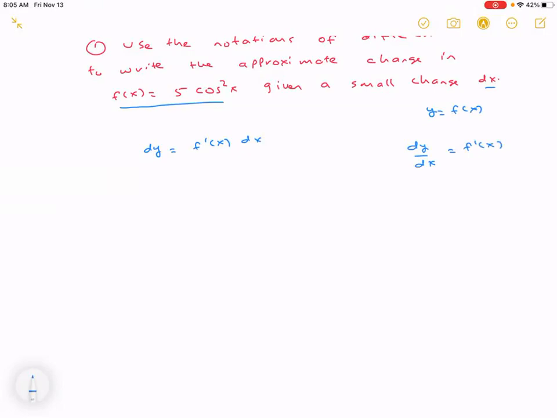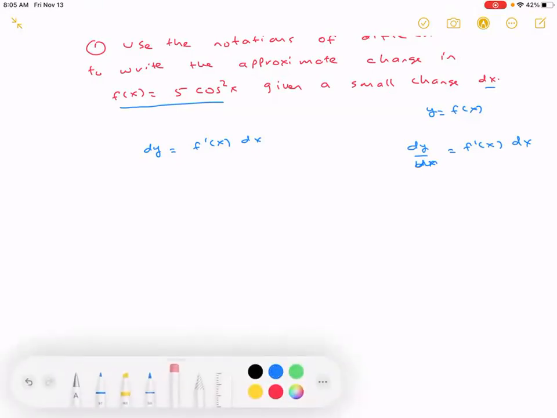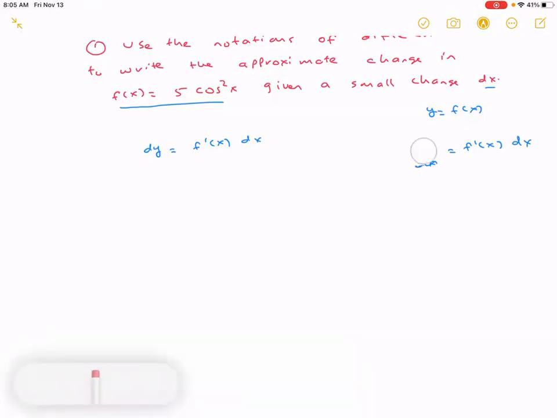Multiply both sides by dx. That's how I used to remember. But that's not correct though. dy over dx is not a breakable thing. That's one notation. So don't tell anybody that I told you, okay? But anyway, the differential dy is given by f prime of x dx.